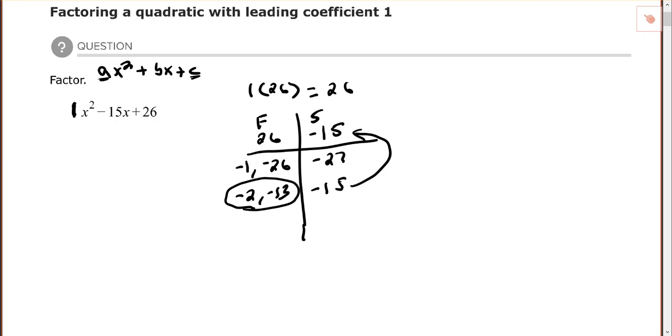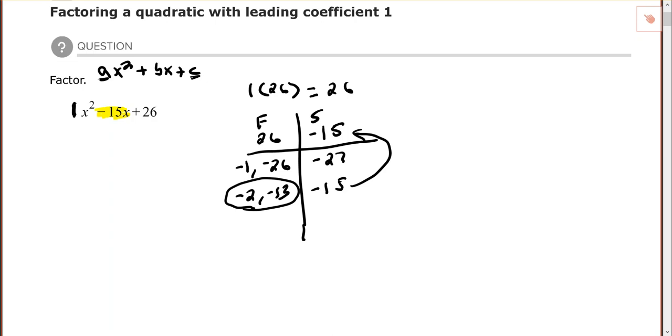Now the whole idea of the AC method here is to be able to write this trinomial into 4 terms so we can factor by grouping. So now that we have that negative 2 and negative 13, I'm going to take those two numbers and replace negative 15 with those two numbers.